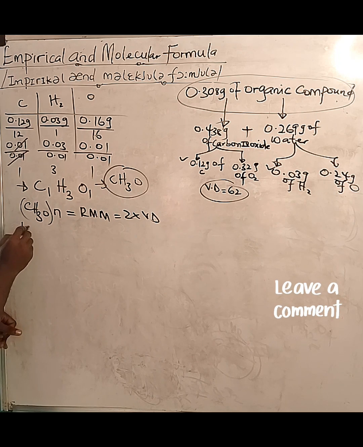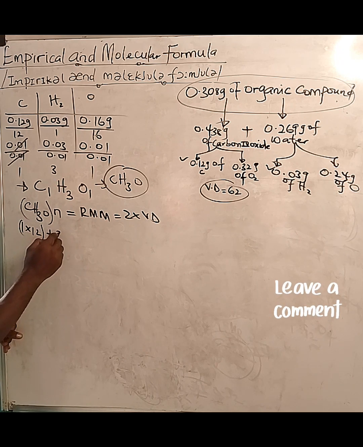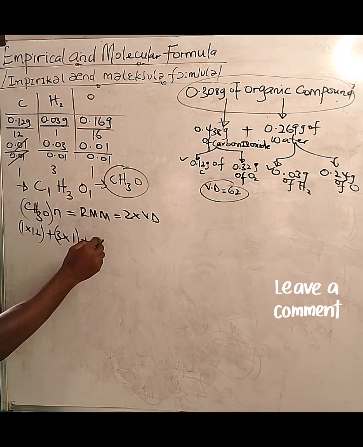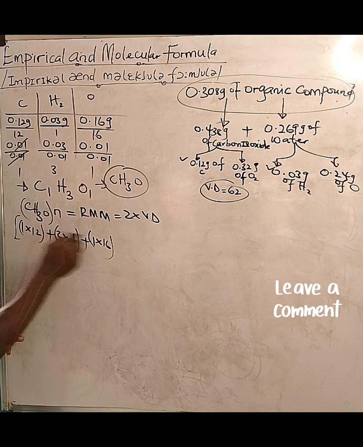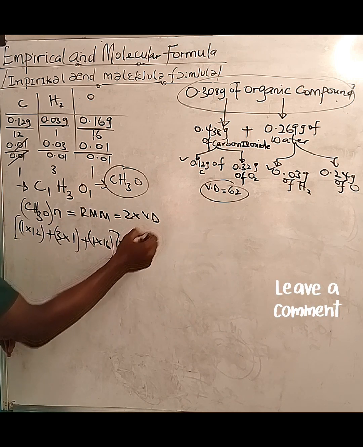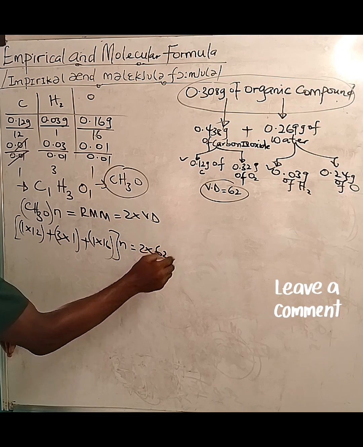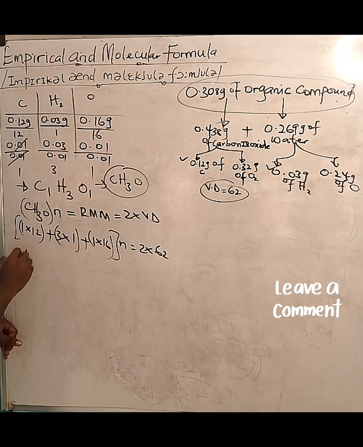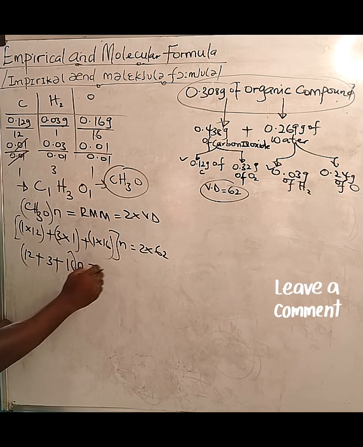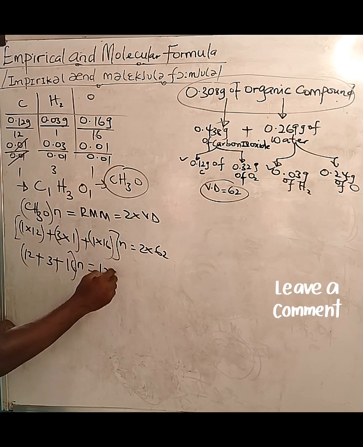Carbon, 1 atom, 1 times 12, then plus 3 atoms of hydrogen, 3 times 1, plus 1 atom of oxygen, 1 times 16, all in brackets, times the number of atoms, imaginary n, then 2 times vapor density, 2 times 62. So 1 times 12 is 12, 3 times 1 is 3, 1 times 16 is 16, all in brackets, equals 2 times this to give us 124.